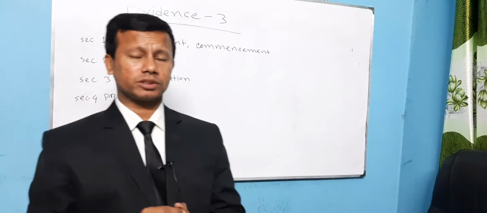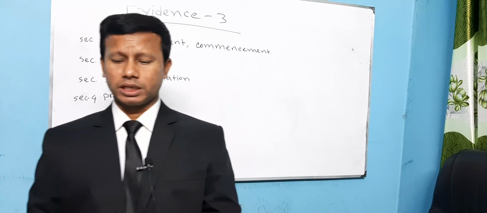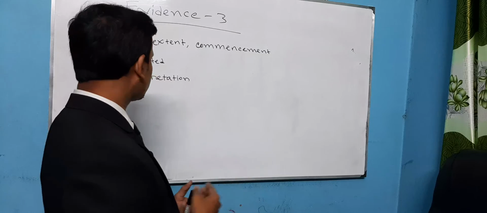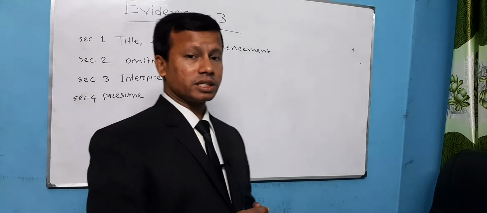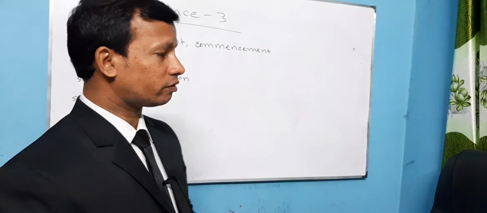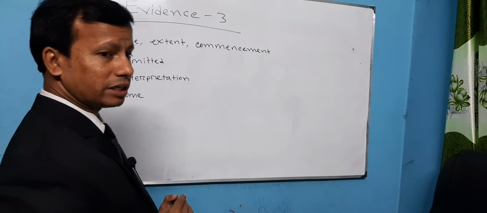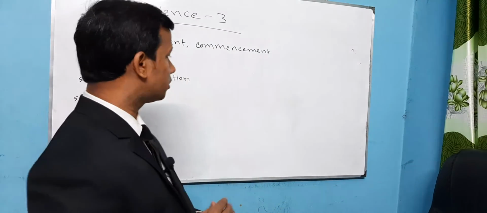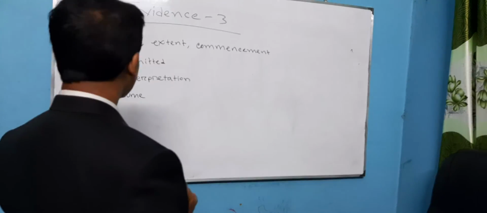And what is disproved? Disproved is when any document or anything is submitted to the court for believing, but the court does not believe the submission. When the court doesn't believe a document, then it will be disproved.